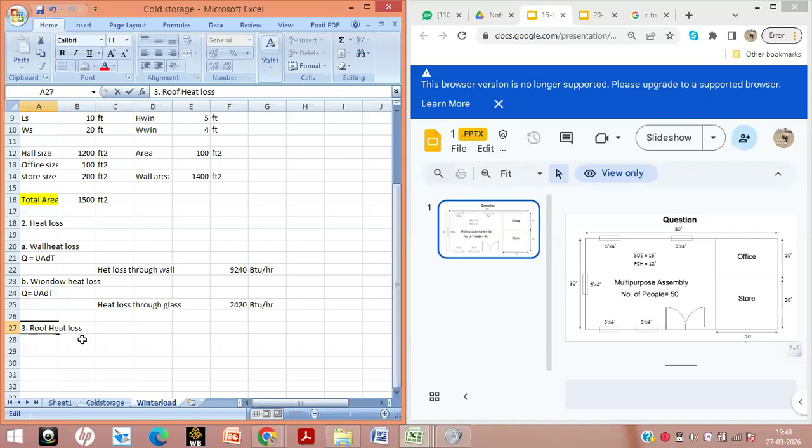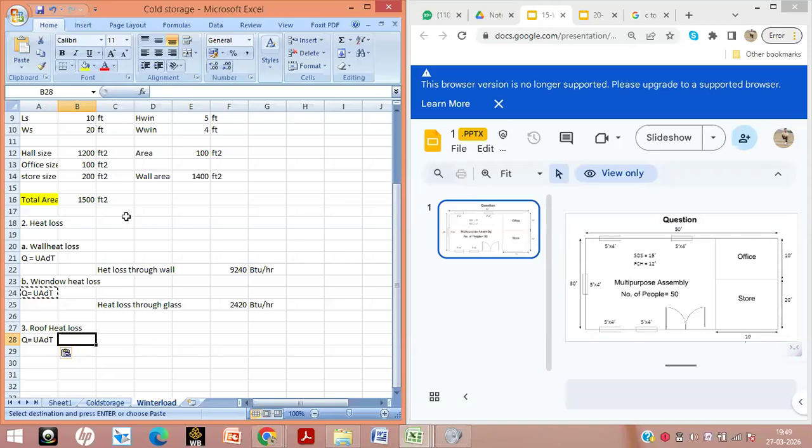In roof heat loss also the correlation is the same, which is Q equals UA delta T. Now the complete area will be the roof area.